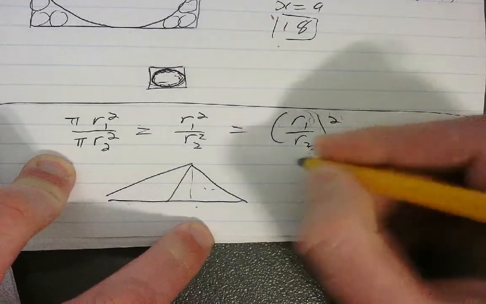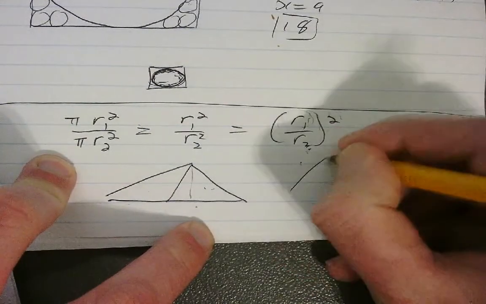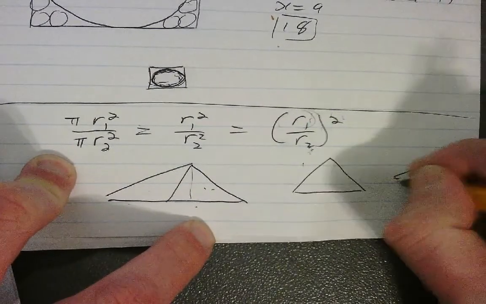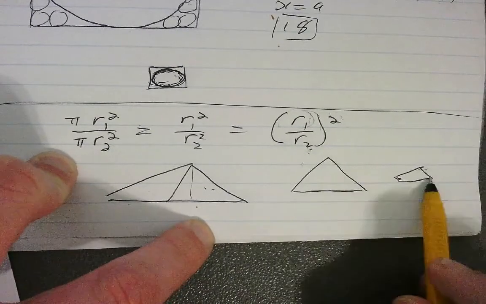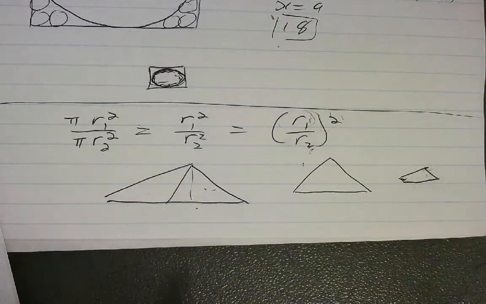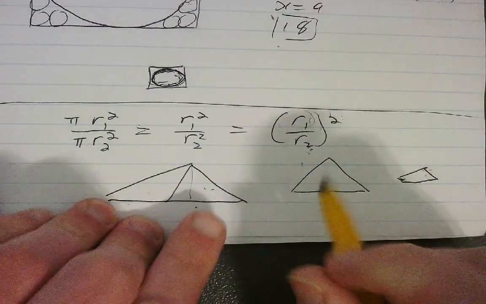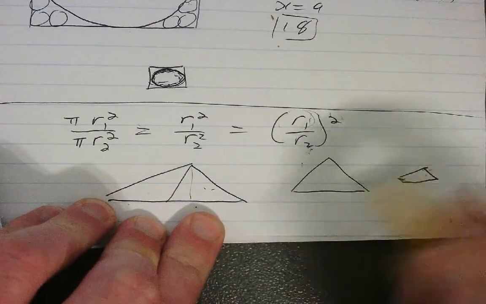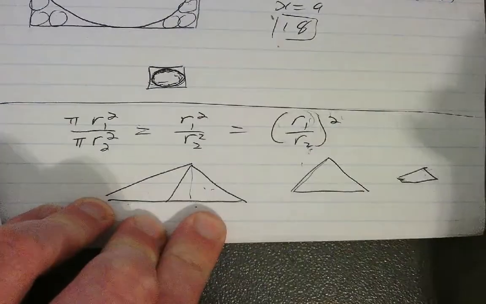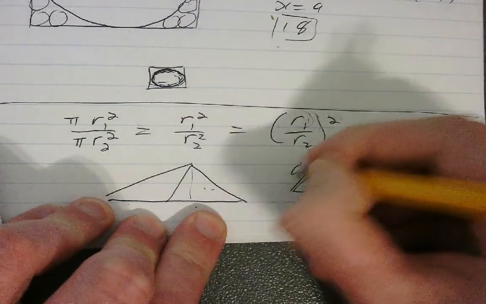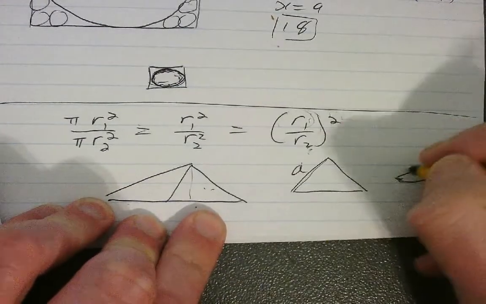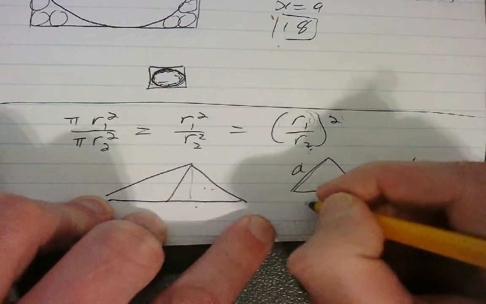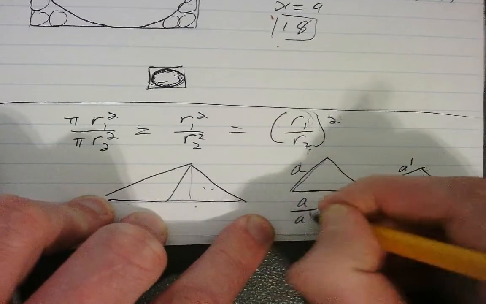Another place where ratios occur is if you've got two triangles that are similar. Then there will be ratios between their sides. For two similar triangles, one way to describe it is we pick a length of this triangle and divide it by a length of that triangle, and this will be equal to, let's write that, a divided by a prime.